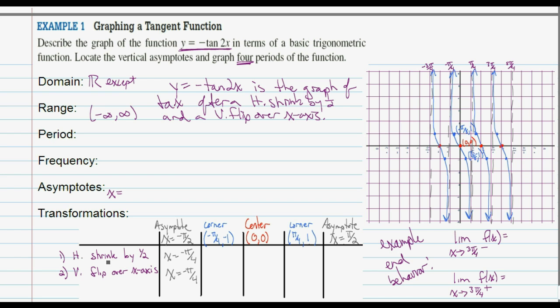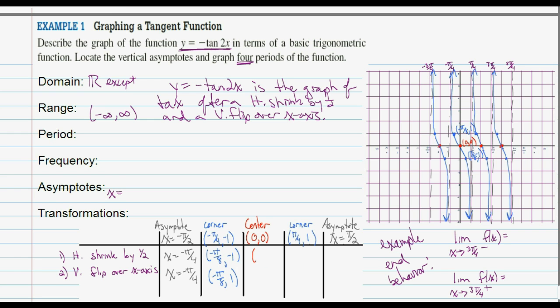I am taking the x-coordinate and multiplying by 1/2, and then I'm taking the y-coordinate and changing from negative to positive or vice versa. So this will be negative pi over 8, negative 1, and this will be negative pi over 8, positive 1.